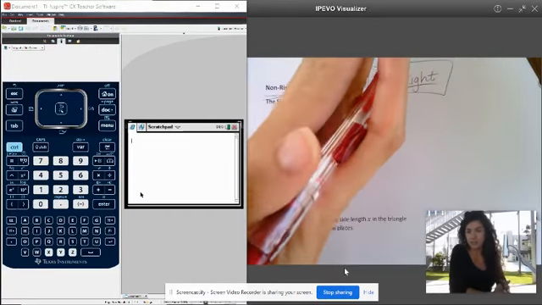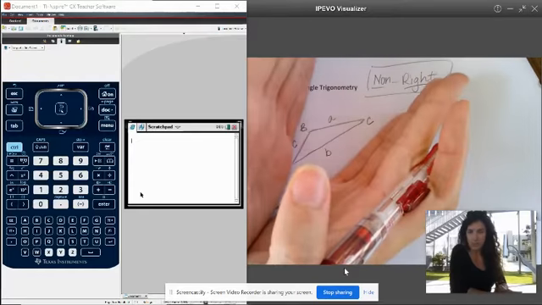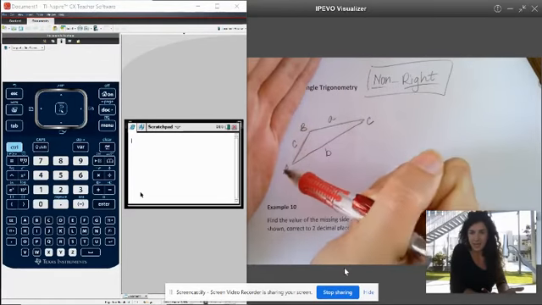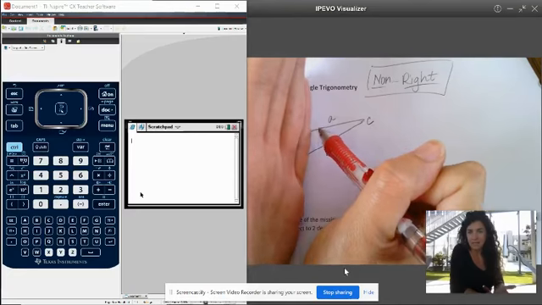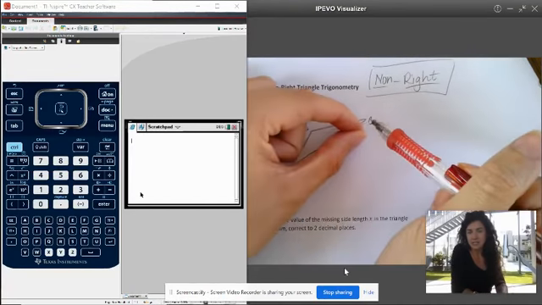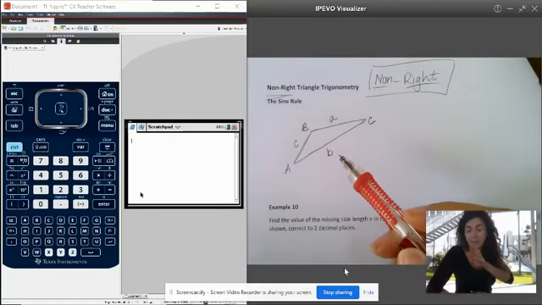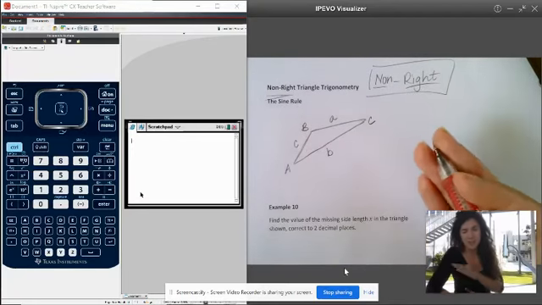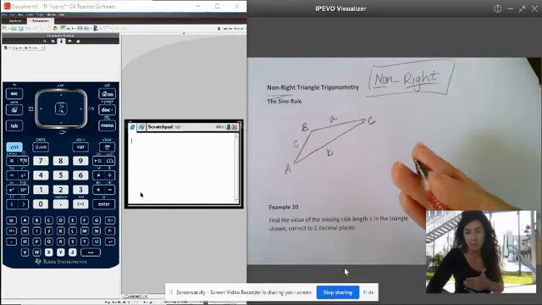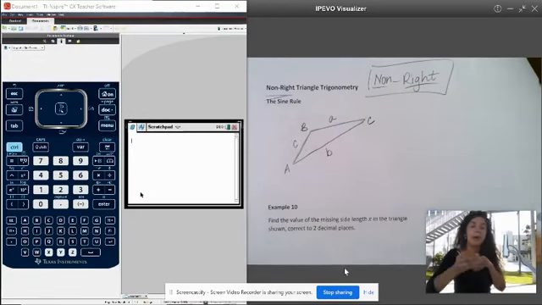If you want to imagine the spotlight again that opens up onto the opposite side length, A spotlights onto a, B spotlights onto b, and C spotlights onto c. This is important because the formulas rely on this labeling process, on the relationship of an angle and its opposite side.